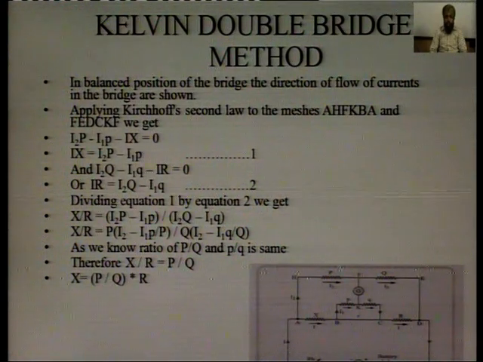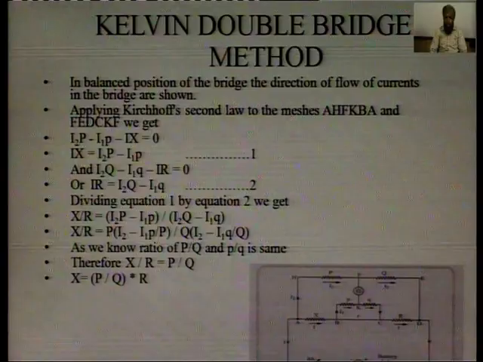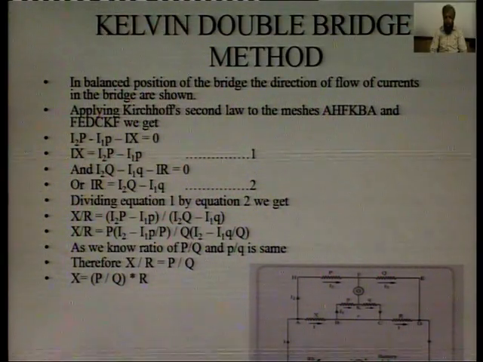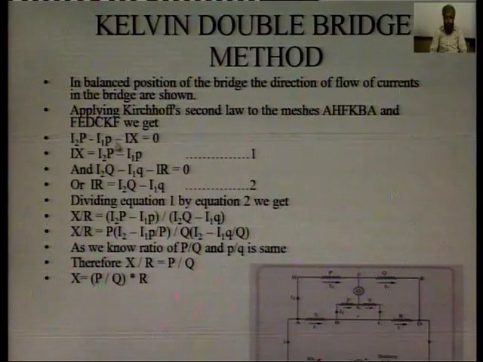In the balanced position, that is when the galvanometer shows zero deflection, the directions of flow of current in the bridge are shown in the figure. Applying Kirchhoff's second law to the mesh AHFKBA, the equation is I2P minus I1 small p minus Ix equals 0, so Ix is equal to I2P minus I1 small p.